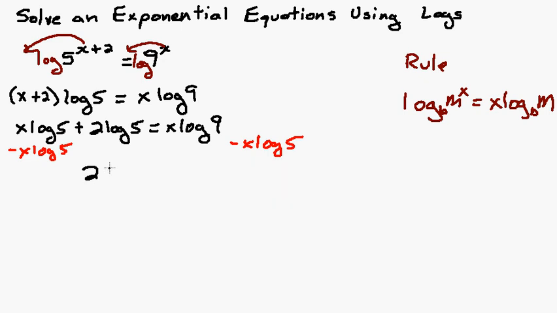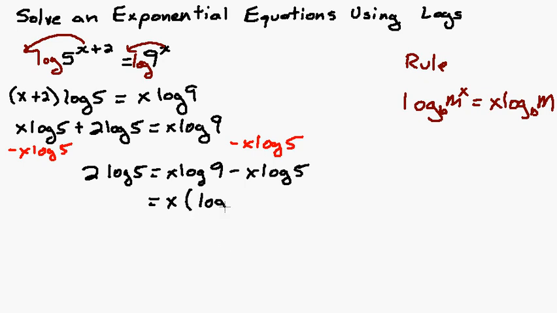Okay, so now we've got 2 log 5 equals x log 9 minus x log 5. Now since these x's are on the same side, we can take that x out as a common factor. So finally we've got it down to just one x term. Now we can use another rule here to make this a little bit nicer.